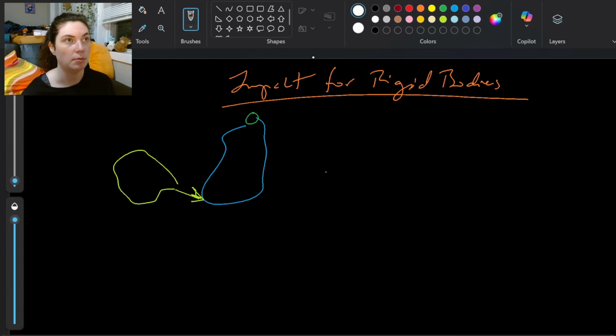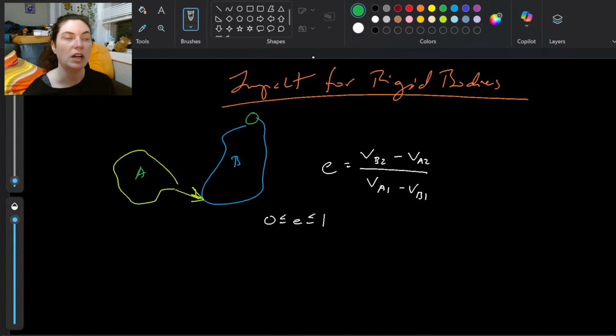So with our impact problems, we can still use that coefficient of restitution, our e value, which is valid for values from 0 to 1, where e equals VB2 minus VA2 over VA1 minus VB1. Those are your final velocities for your shapes A and B over your initial velocities for your two separate bodies that are impacting together and then bouncing off each other in some way.